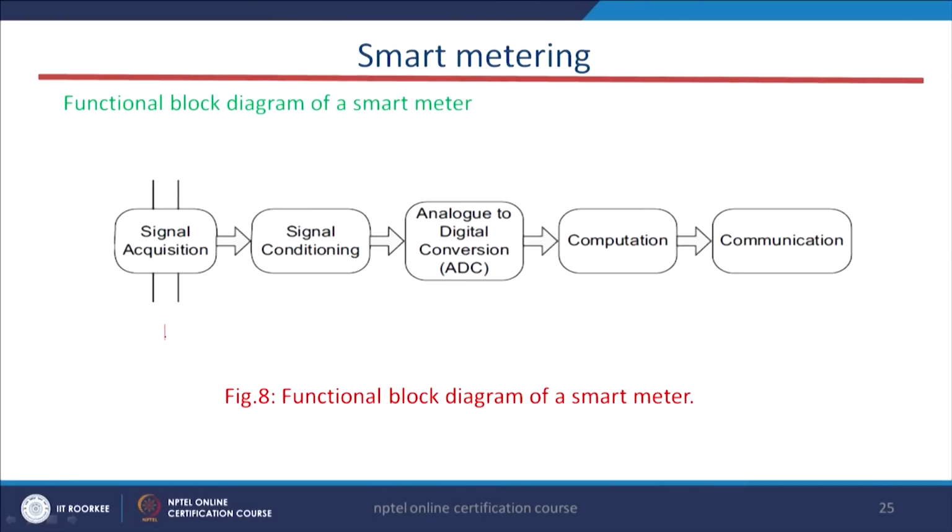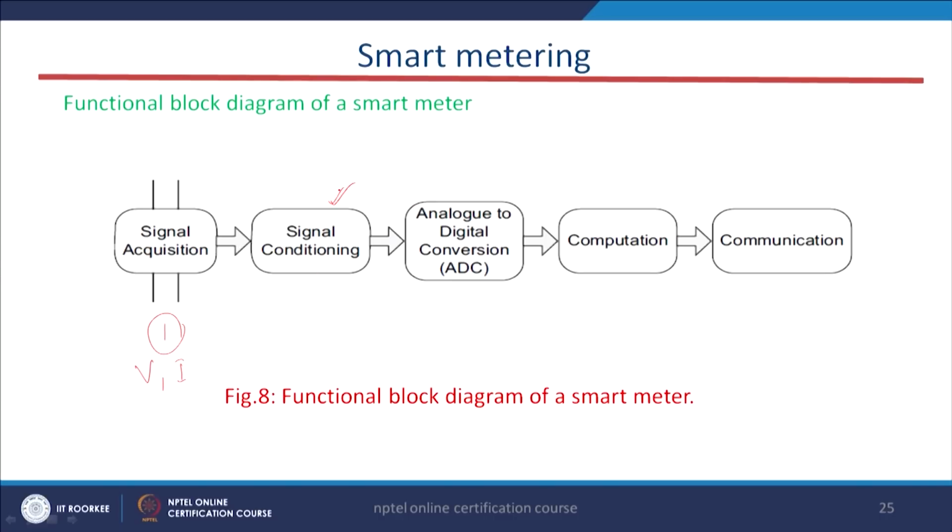Now, let us see what components are present inside the smart meter. The first is that we have to acquire the signal, maybe a voltage signal or a current signal. After that, we go to the second stage, that is known as signal conditioning. Why is this signal conditioning required?